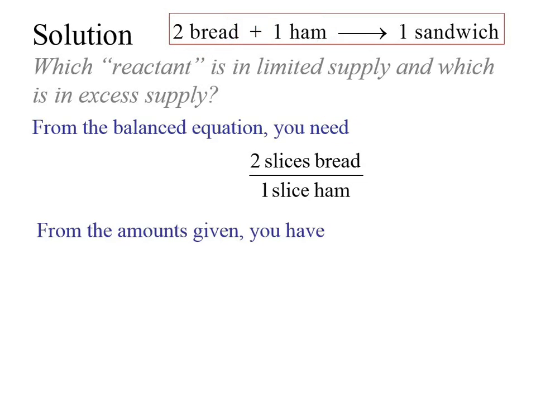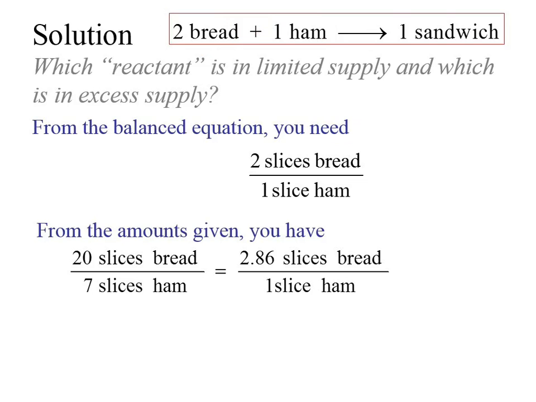My have then comes from what I was given. I was given the whole 20 to 7. I was given 20 slices of bread to 7 slices of ham. So you could divide that out, and that means for every 1 slice of ham, I have 2.86 slices of bread.